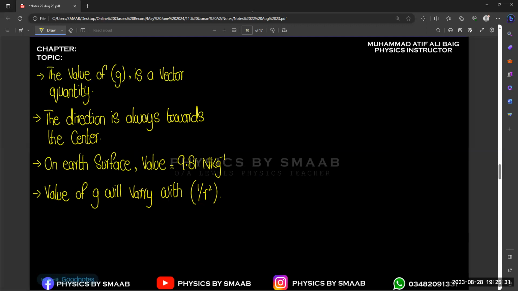Because capital G and capital M are both constant. So basically the value of g decreases as the value of r increases, because both are inversely proportional to each other. Again, the concept of the inverse square law, right? Remember that we also discussed this law in Newton's law of gravitation.